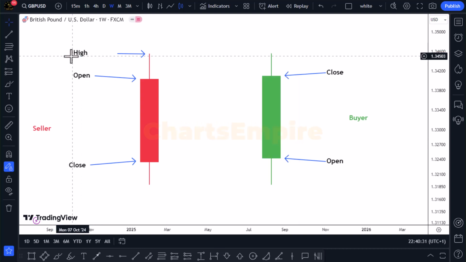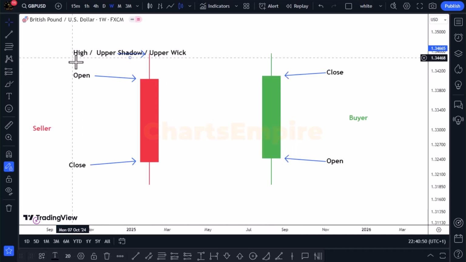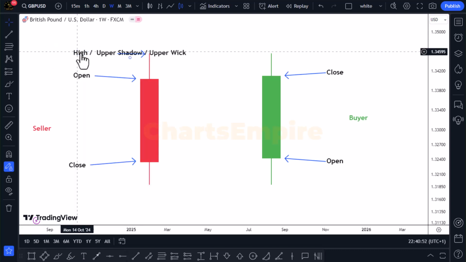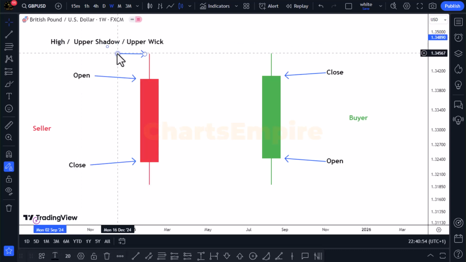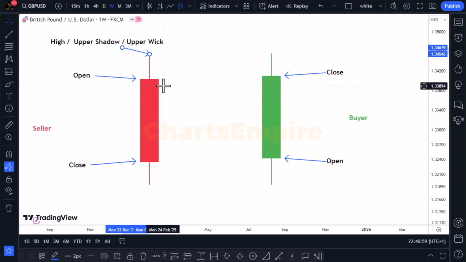Sometimes you can hear some traders call it the upper shadow, and some traders call it the upper wick. Whenever you hear any of these names, it means the highest point reached by this candlestick.